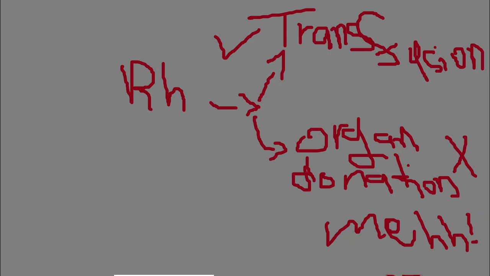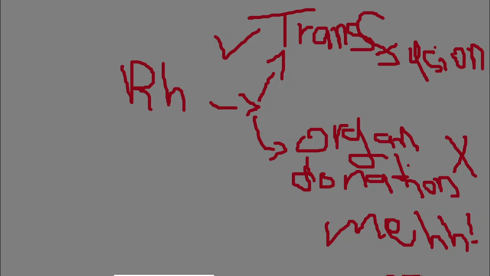But when it comes to organ donation, we do not care about this, because Rh exists only on the red blood cells and does not exist on the organs of the recipient and the donors.